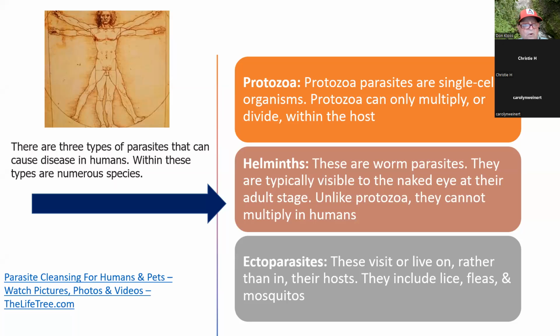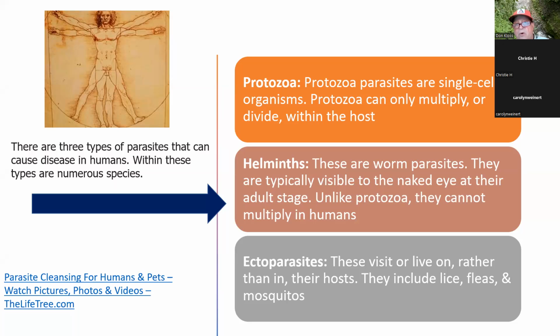So to start with us, there are 3 types of parasites that can cause disease in humans. Within these are numerous species, but they fall into 3 different categories.